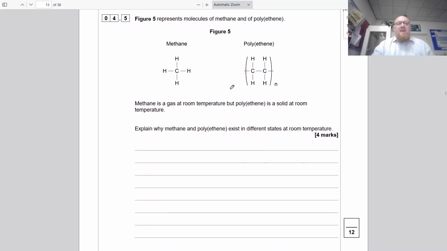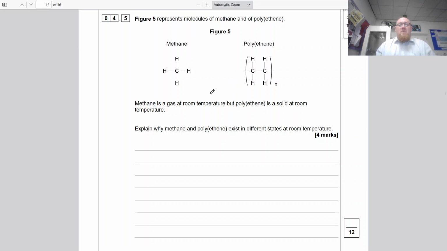So figure 5 represents molecules of methane and polyethylene. Methane is a gas at room temperature, but polyethylene is a solid at room temperature. Explain why methane and polyethylene exist at different states.